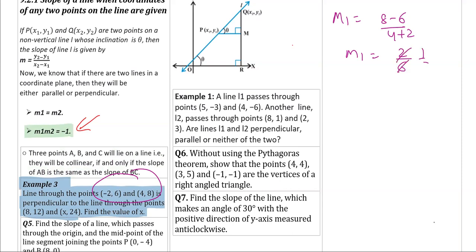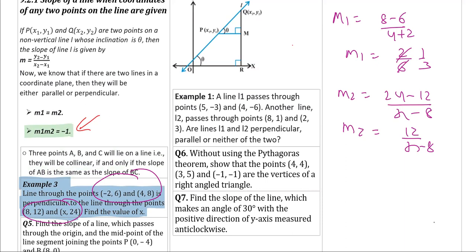That will give you 1 over 3. If we find the slope of the other line using these values, it is y2 minus y1, which is 24 minus 12, that is 12, divided by x2 minus x1, which is x minus 8. So we get 12 divided by x minus 8.